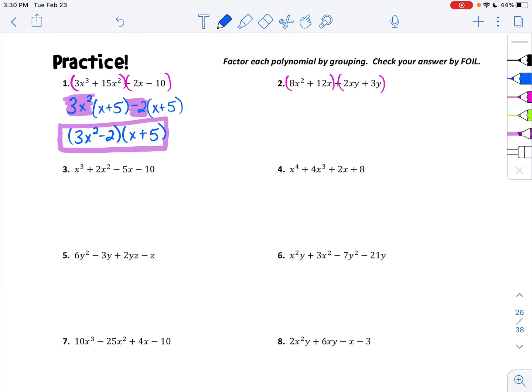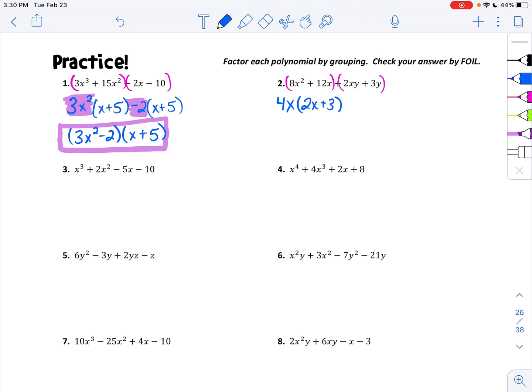The greatest common factor of 8x squared plus 12 is 4x. Dividing to get what I have left, 8x squared divided by 4x is 2x. And 12x divided by 4x is 3.